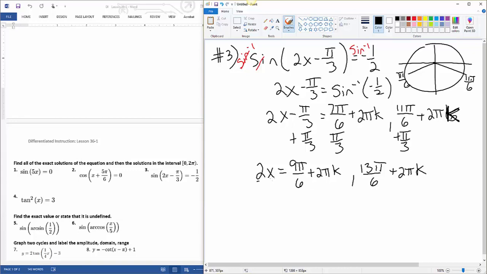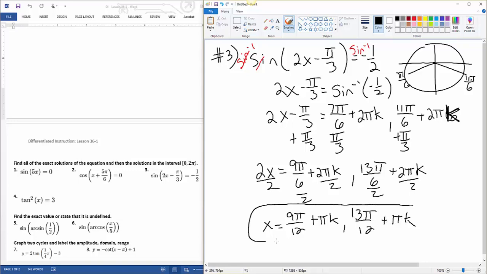And then divide everything by 2. X equals 9 pi twelfths plus pi k, and 13 pi twelfths plus pi k. So that is all the solutions.